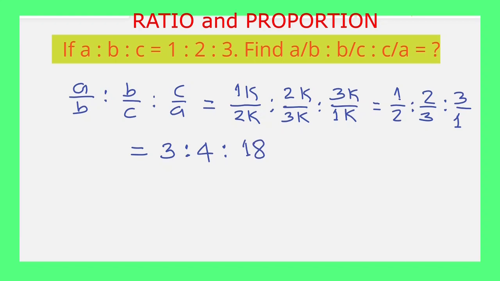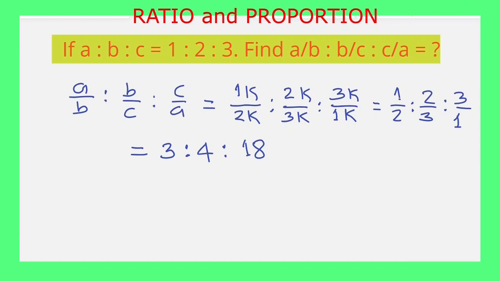Thus, our answer is 3 ratio 4 ratio 18. Here we could have solved this question without writing the multiple K, but in some questions it is necessary to multiply with a common multiple K so that we do not commit any mistake while solving the question.